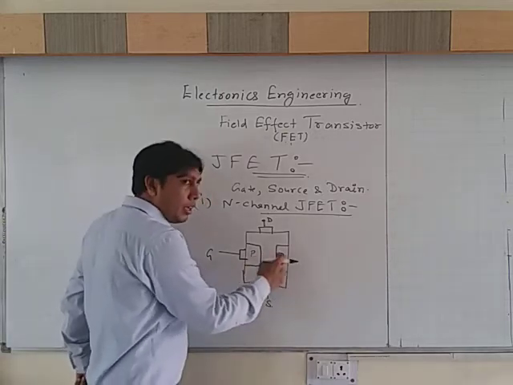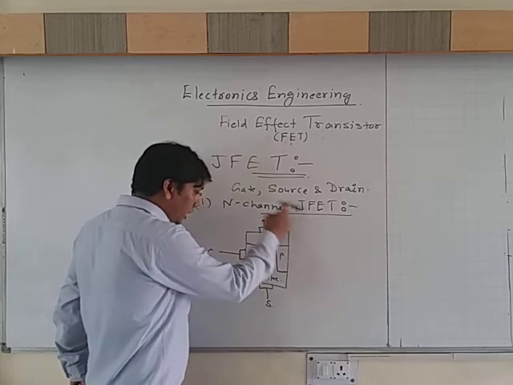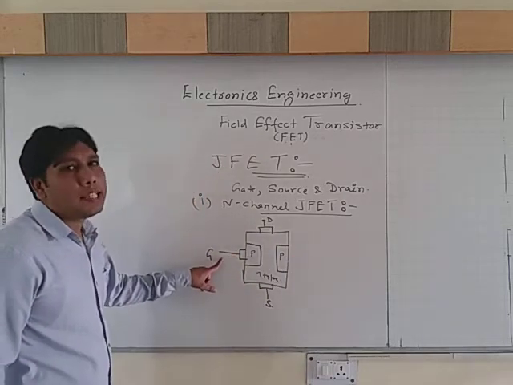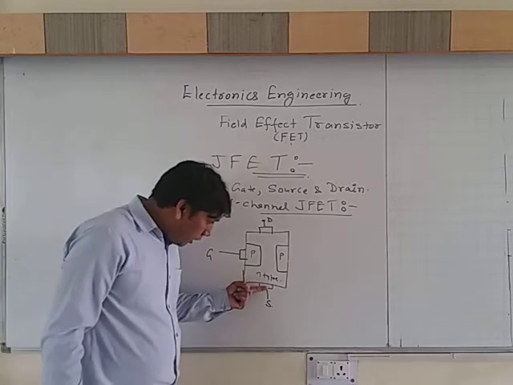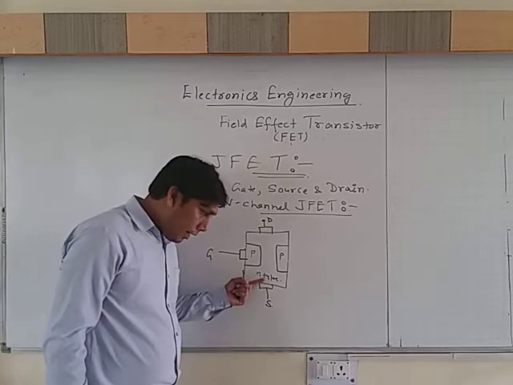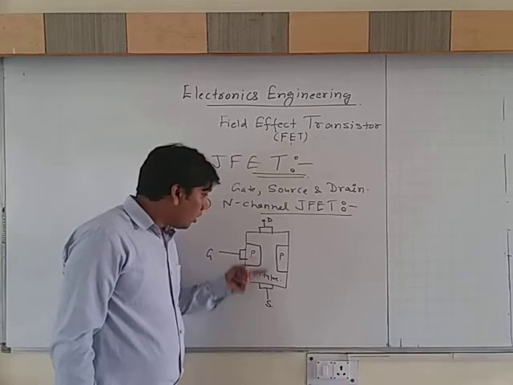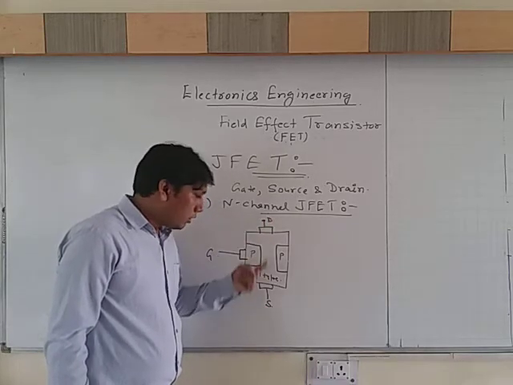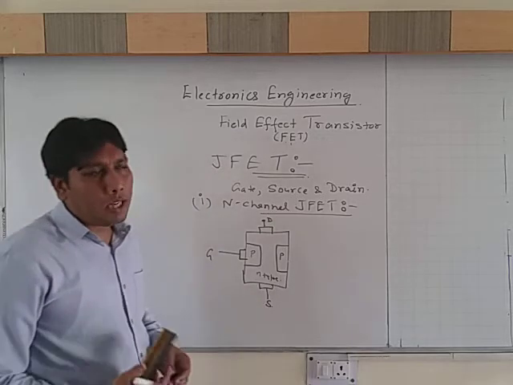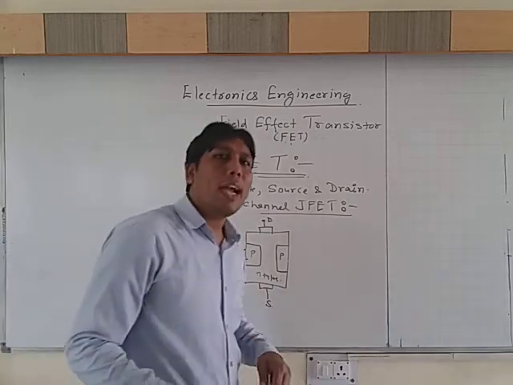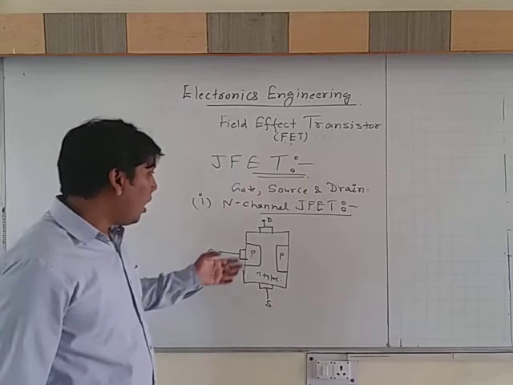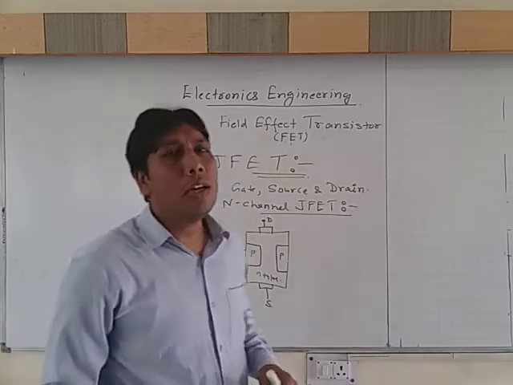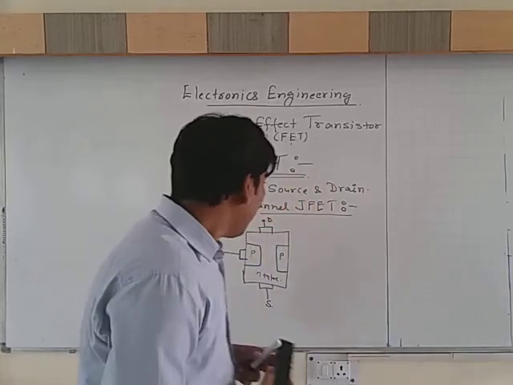These two P semiconductors are connected with each other to make the terminal. It is called gate. This terminal of this bar is called source, and the upper one is called drain. The source is that terminal from which the electrons enter into the FET, and the drain is that one from where the electrons come out.